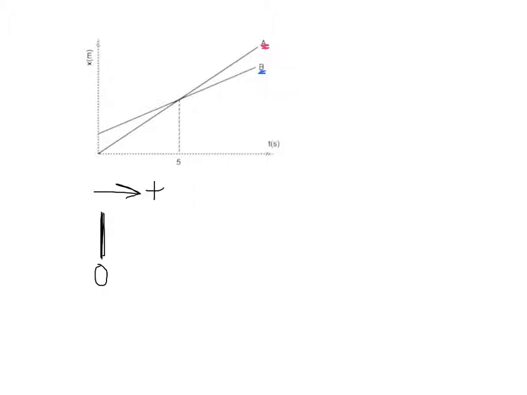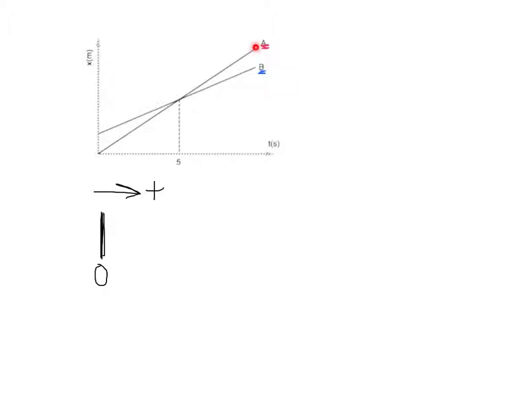Now, if I want to draw A on this motion map, what do I do? Well, first I have to look at the graph, and I look at A's line. And I see what? Well, where was it at the beginning of this graph? At position 0. What was it doing? Well, now I look at the slope. And the slope is a positive slope that's constant.